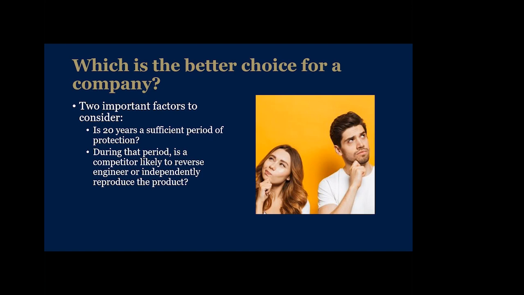A trade secret does not prevent another party from independently developing its own version of the product, process, or formula. So that's another thing to keep in mind, because just because they didn't get Coca-Cola exactly right, it might be close enough.